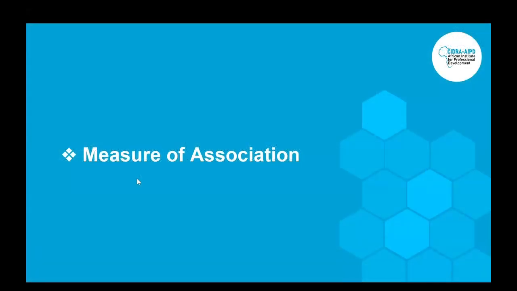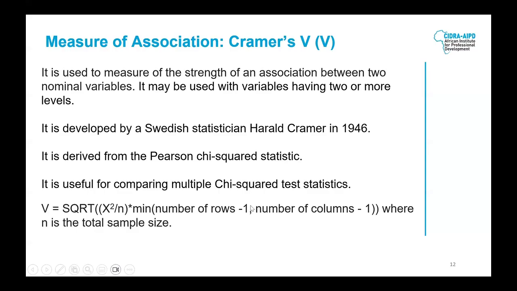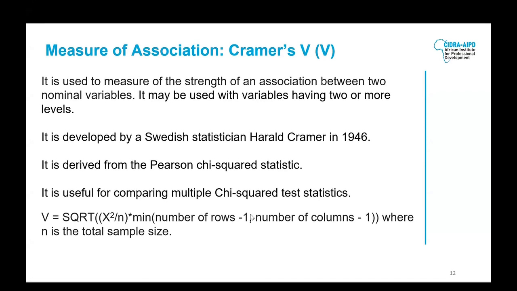Next, measure of association. Measure of association, Cramer's V. And now you might ask, what's the difference between the chi-square test and Cramer's V? The chi-square test is a measure of statistical significance, and it answers the question, is there a relationship between our dependent Y variable and our independent X variable, for example?